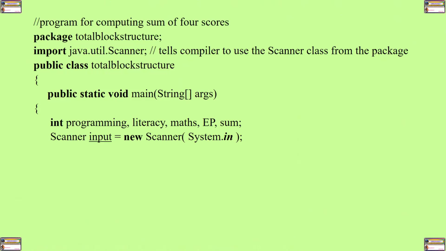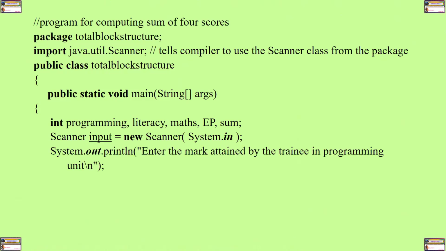Then we define the object of type Scanner, that is Scanner input equals new Scanner(System.in). Remember, the syntax must remain; the way the statement looks remains. Then we have the statement that is to be displayed on the screen, which is going to be enter the mark attained by the trainee in programming unit, and move one line below.